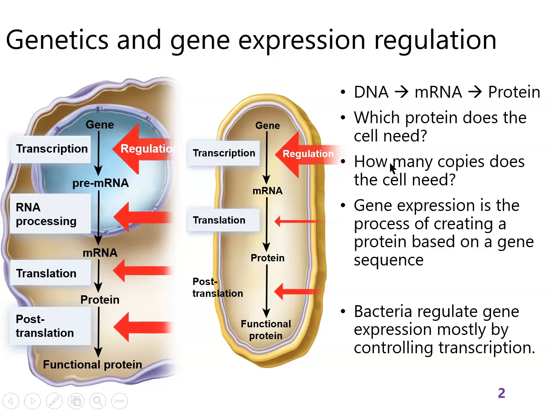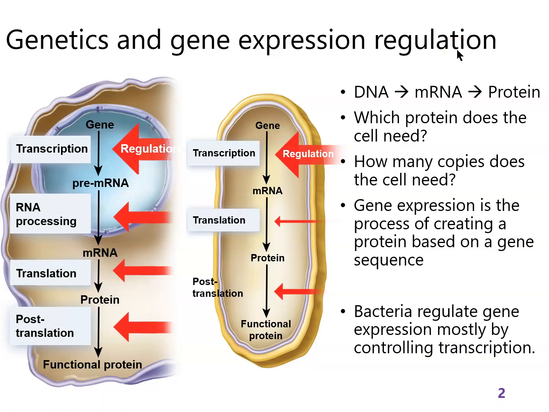And so they can control a yes or no, does the gene get transcribed or not? But more often what they're doing is controlling how often it gets transcribed. Is it transcribed once an hour, once a day, once a minute, that's what they control. And so in bacteria, transcriptional regulation is the main part of the regulation.